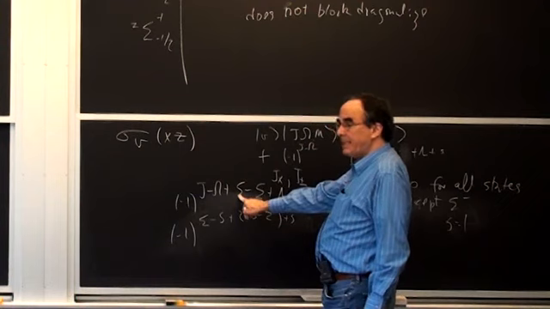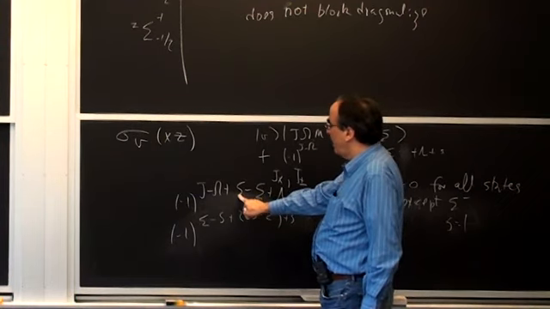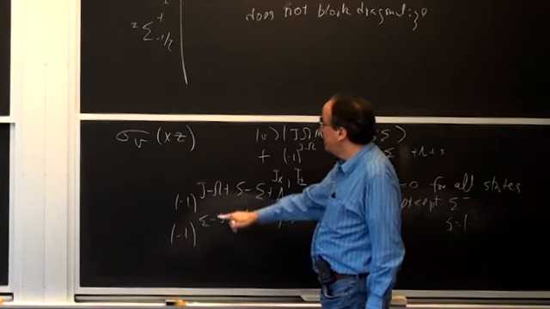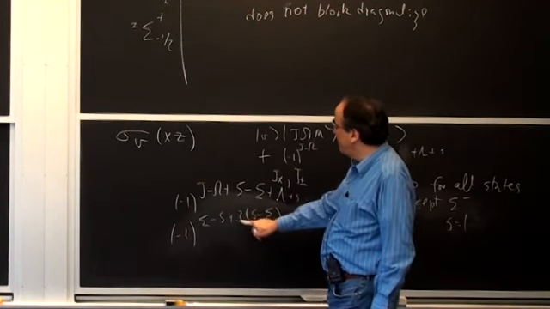Okay, so what have I done here? I have a plus s here, and I want to get to minus s, so I switch the sign of s and I add back 2s.